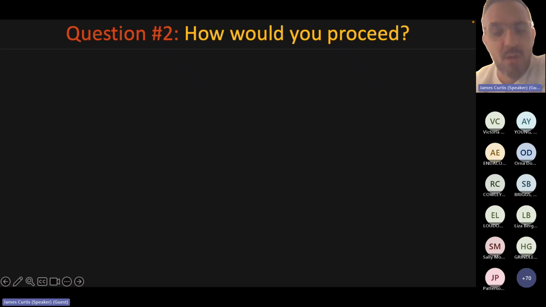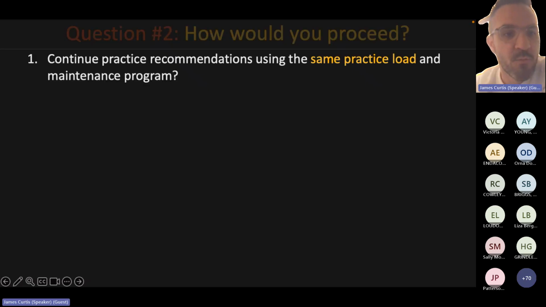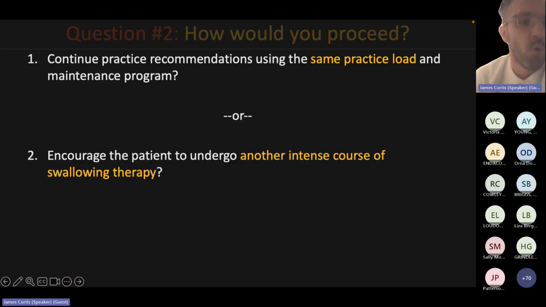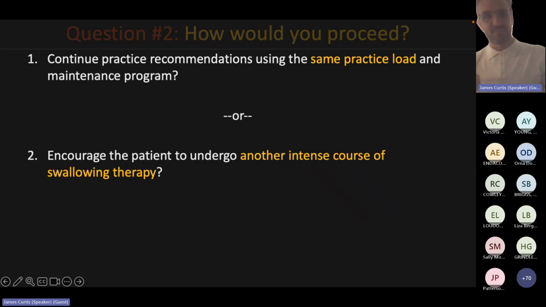With that in mind, a similar question as before: would you continue with this maintenance program using the same practice load, or would you encourage the patient to undergo another course of intense therapy? So raise your hand if you would do the first option. Maybe the second option.